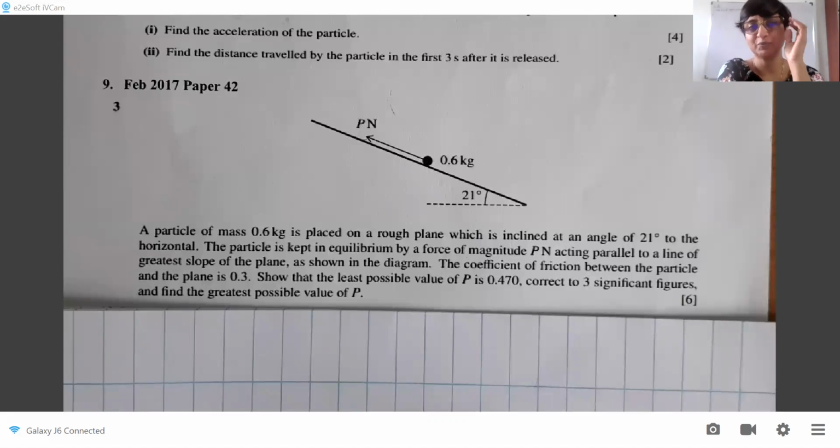This is a type of question that students find hard, especially related to this P max and P min. Oh, Malik got a different answer. Yeah, Joanne, correct. Yes, 3.83 is correct. Malik, did you get the P min correctly? 0.47.